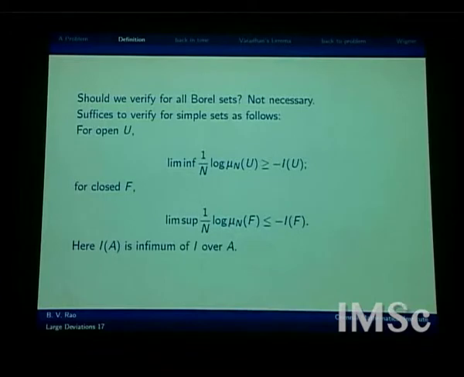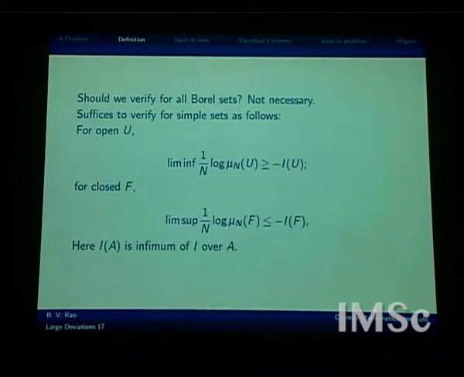I said for every Borel set something should happen. Okay? 1 by n log mu n of B should be like e to the power of minus n times something, the infimum of I x over B, or B closure, and so on. But that is too difficult, because with too many Borel sets you can't do this. So, it is not necessary to verify that.